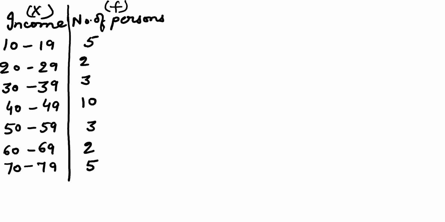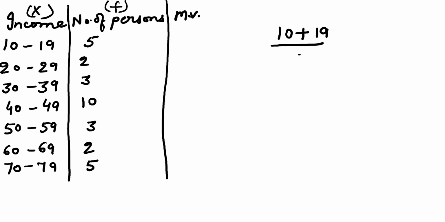First of all, we will calculate the mid value for this series. If you remember, to calculate the mid value, there is a formula: lower limit of the class interval plus upper limit of the class interval divided by 2. So 10 plus 19 is 29, divided by 2 is equal to 14.5. So here the mid value will be 14.5.